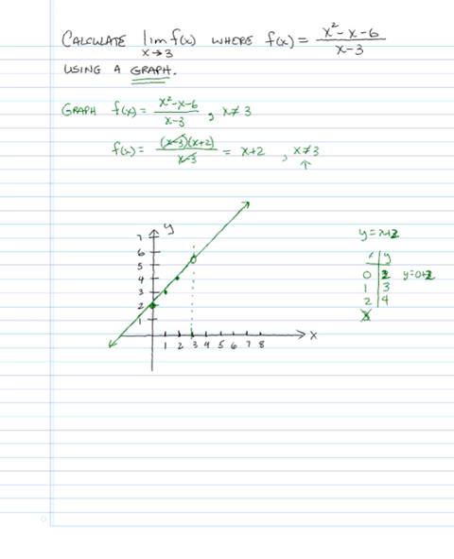Okay, now the job we're faced with is to calculate the limit of f of x as x approaches 3. And the first thing to recognize when we're looking at a graph is f of x just means y.